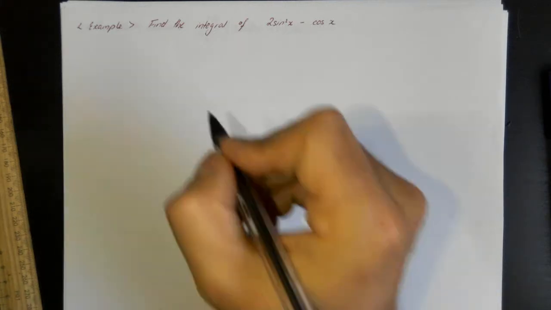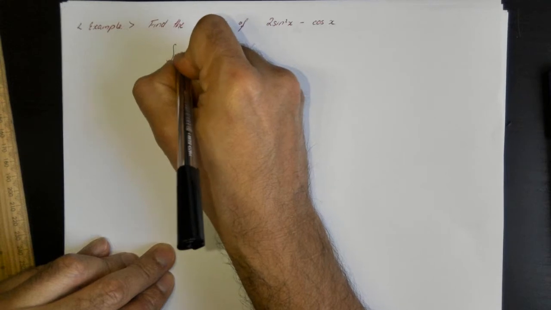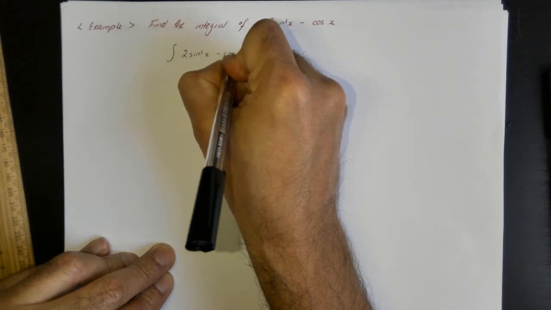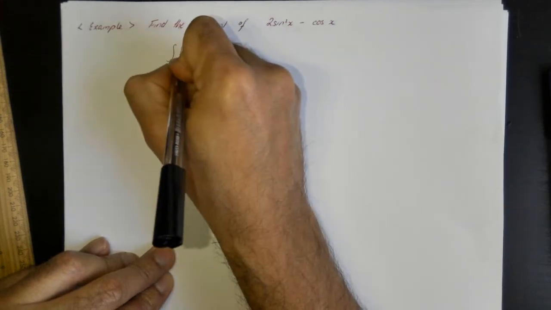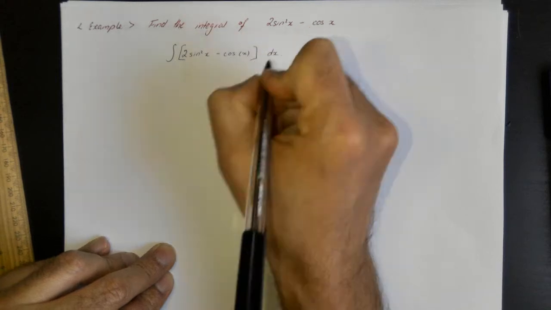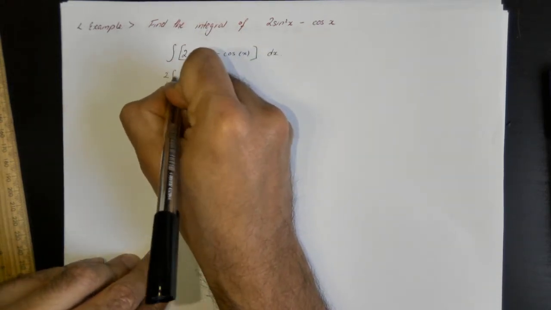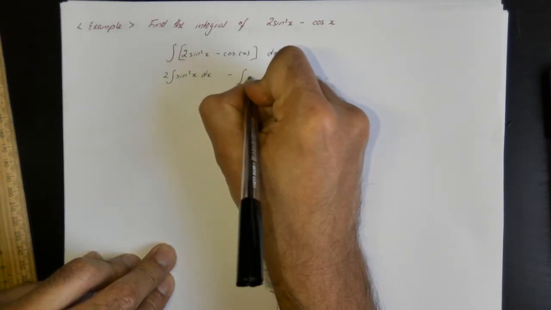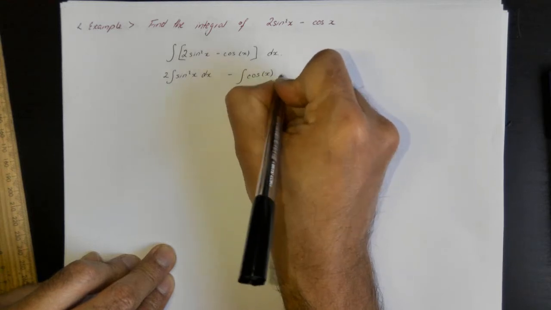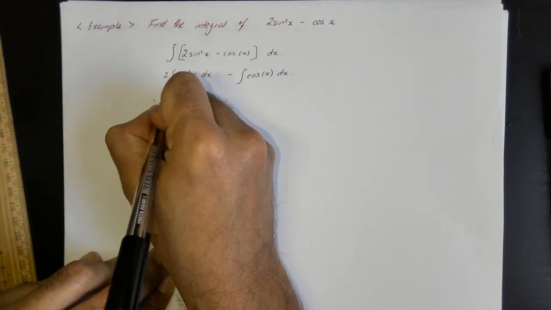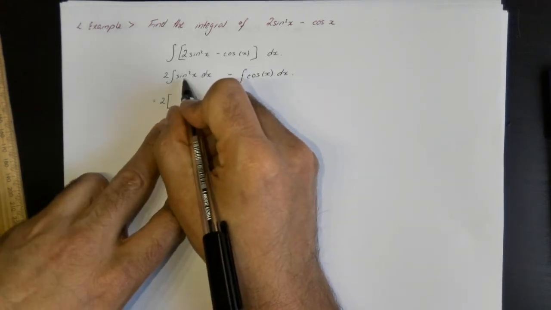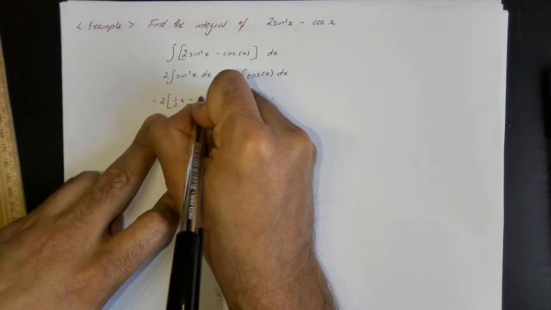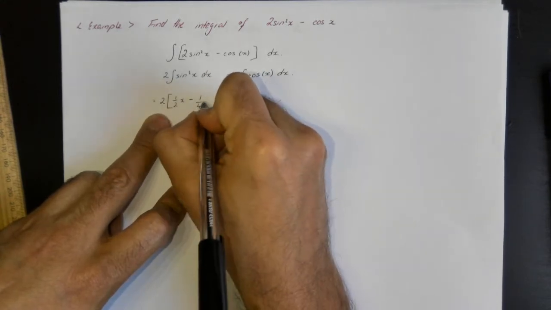Let's find the integral of 2 sine squared x minus cos x dx. Well, that's going to be 2 times the integral of sine squared x, minus the integral of cos x dx. We're using our formula. The sine squared x is going to be a half x. Now for sine it's going to be minus a quarter sine 2x.